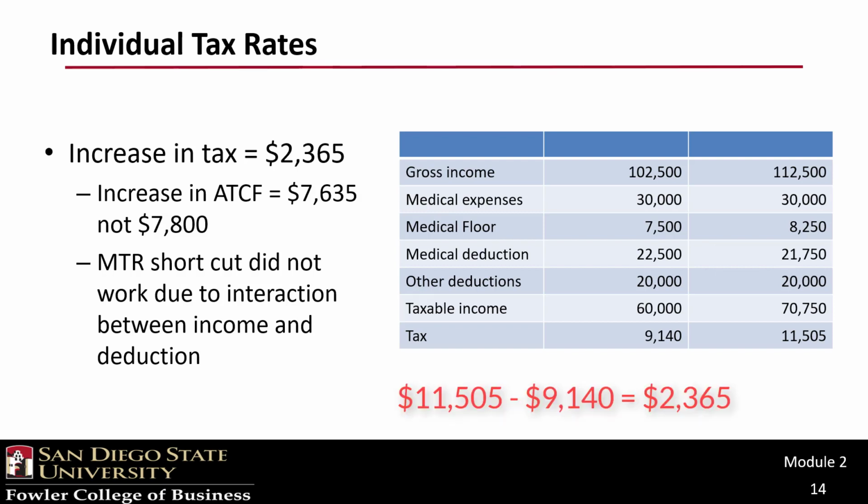And so the increase in tax is $23.65. That's not what we were expecting, because the increase in after-tax cash flows is $26.35, not $7,800. The marginal tax rate shortcut did not work due to the interaction between income and that from AGI deduction that's dependent on the amount of AGI.